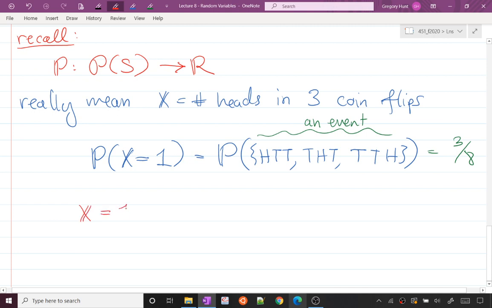So what we really mean, the notation x is equal to 1, put this in quotes here, what does it mean? We can say it's shorthand for a certain event. What is the event in shorthand? Well, when we write that in a more systematic way, it's shorthand for all outcomes in S such that when I plug that outcome into X, I get 1.